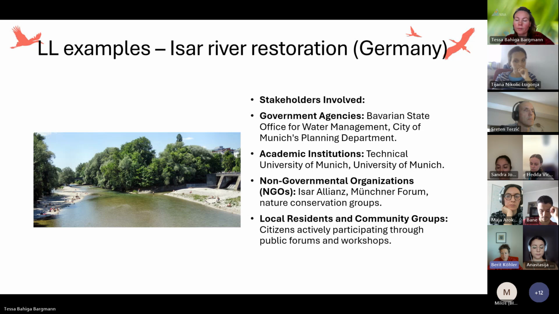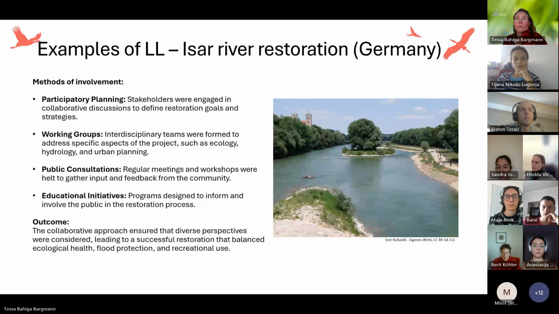Also a range of non-governmental organizations, like the ISA Alliance and the Münchner Forum, and different other nature conservation groups. And also the local residents and community groups. So they involved citizens actively through public forums and workshops. So you see, they actually involved the whole helix model type of spectrum.